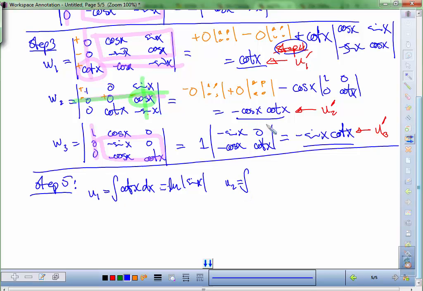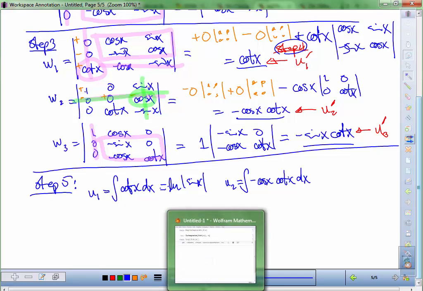U2 is going to be the integral of negative cosine x cotangent x. So if you're tutoring Calc 2, this is where you would give them an example problem. So here, integrate this. And sit there and watch them struggle and wait for the answer. Right? That's what I used to do. No?